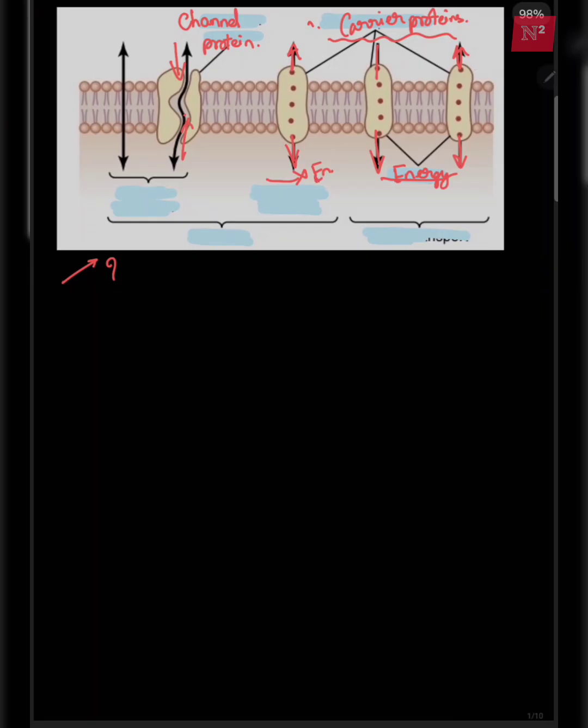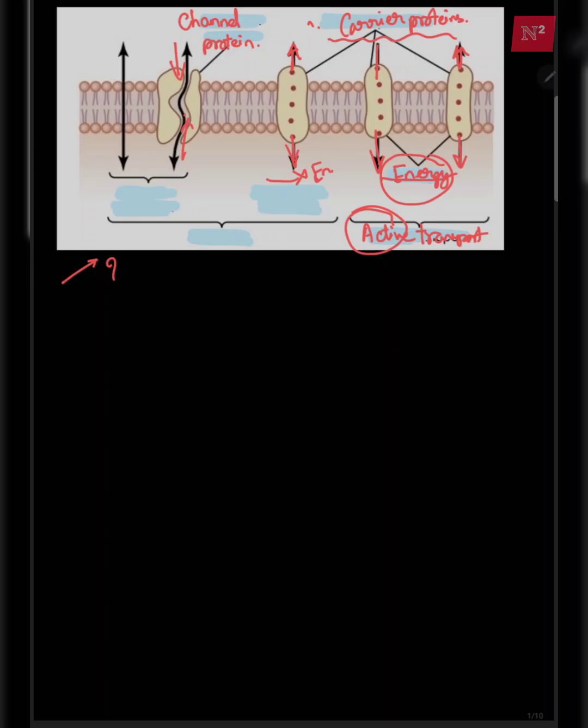Now both of these, together with channel proteins, help in transport of the substances. The one which is using the energy is called active transport. Actively it is using the energy, and that's why it's called the active transport mechanism of transport of the substances.